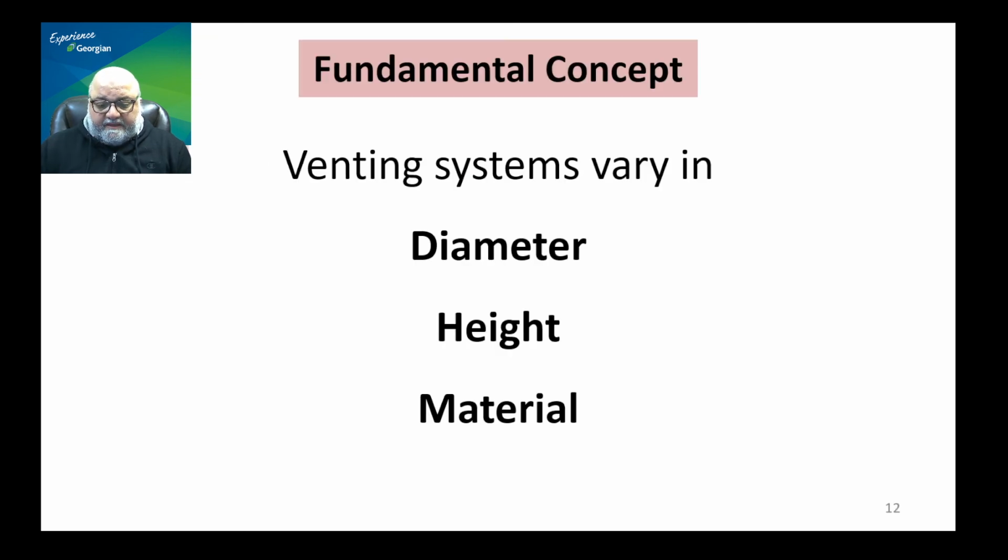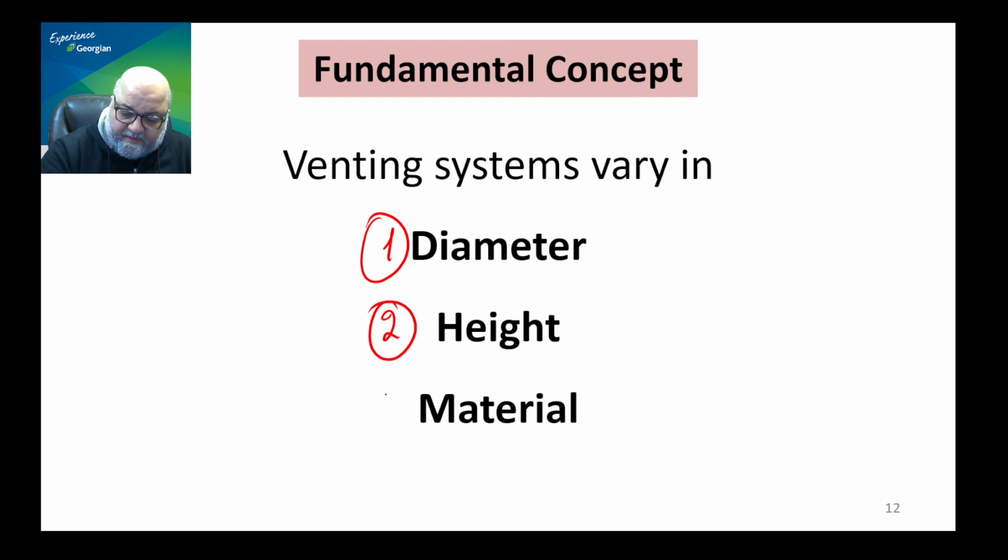Now, fundamentally, we want to talk about the diameter of the venting system, the height of the venting system, and the material of the venting system. If you decide all three of those, you have designed a venting system. That's the bottom line of this.